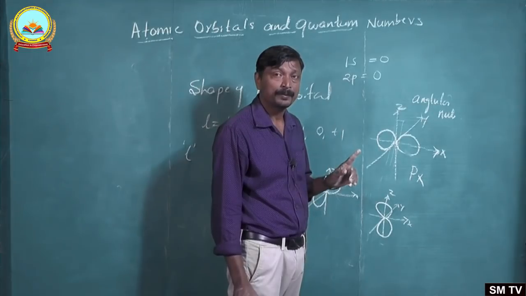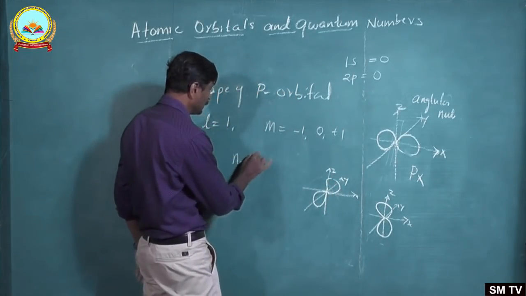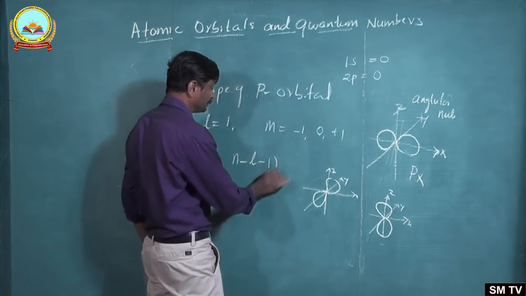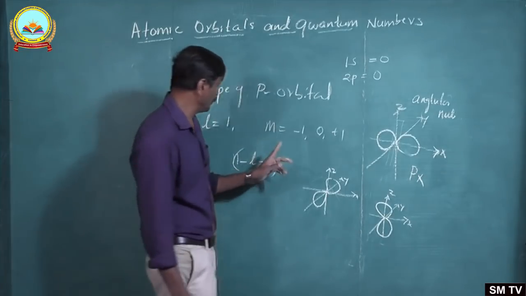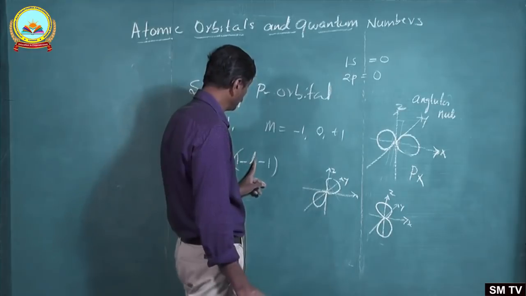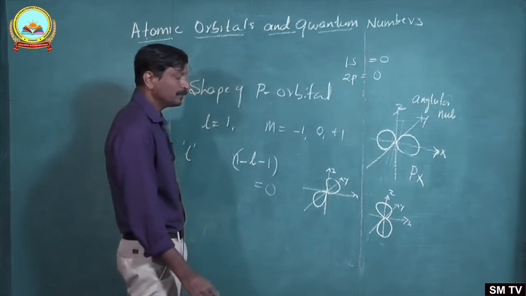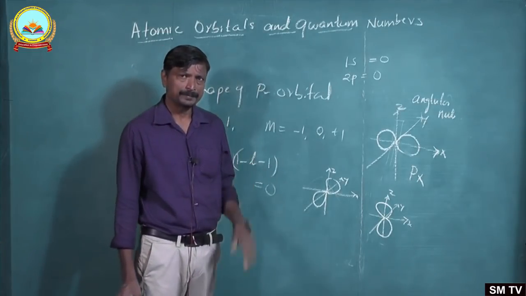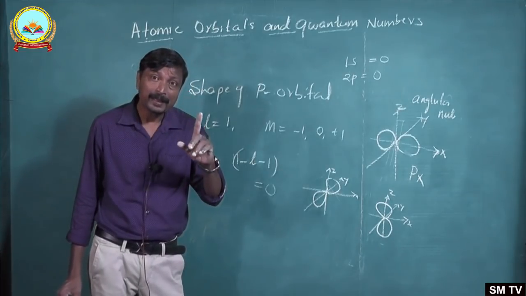So angular nodes equal l, and radial nodes equal n minus l minus 1. For 2p orbitals, n is equal to 2 and for a p orbital, l is equal to 1, so 2 minus 1 minus 1 is equal to 0. Suppose you take the 3p orbital, then you have one radial node.